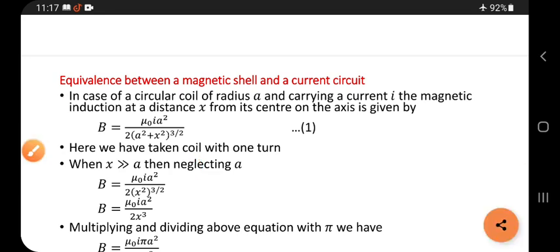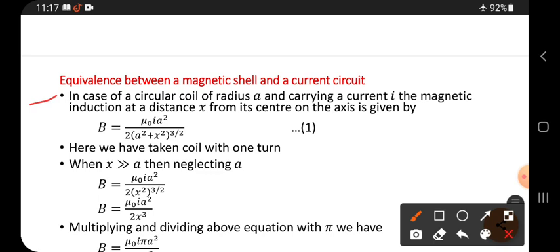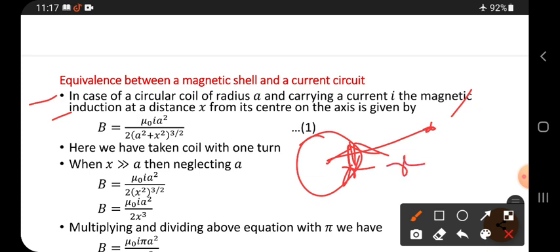Consider a circular coil of radius A, instead of R, A is taken, carrying a current I, so that means a current is flowing through it. The magnetic induction at a distance x from the center, at the point P, we have to calculate the B value.